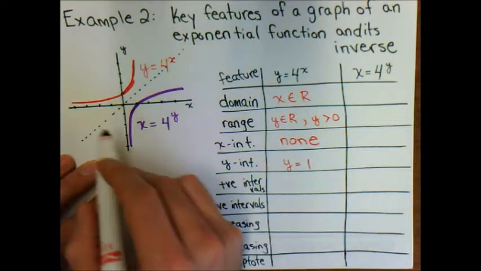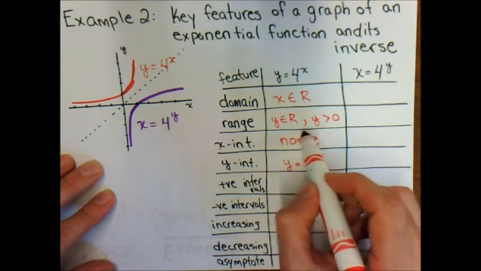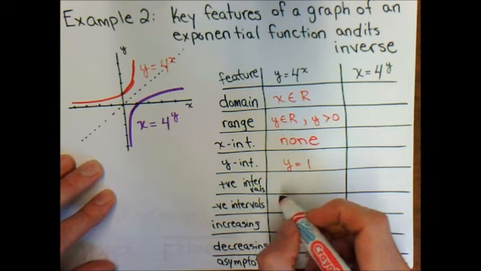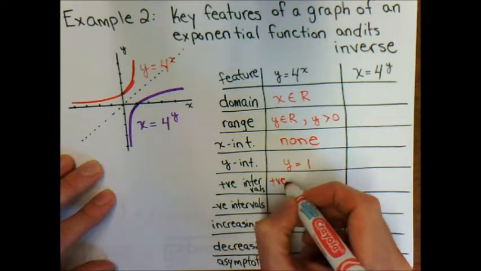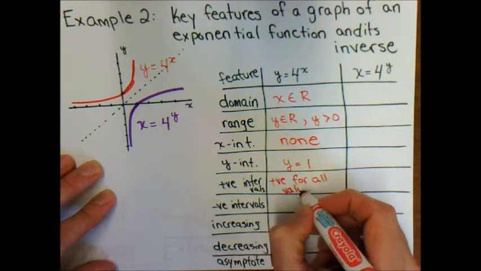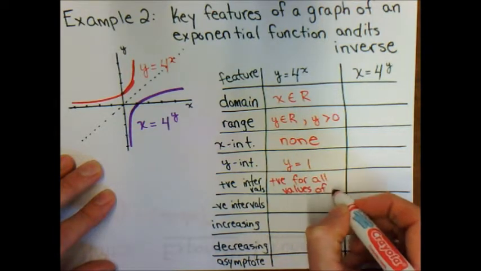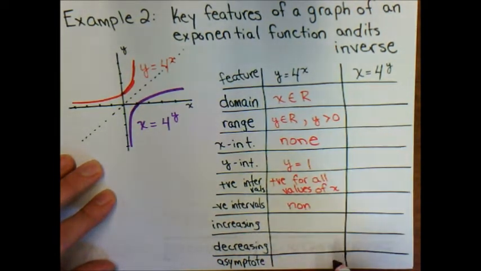Positive intervals, well, we just said that y is always greater than 0, so the whole thing is positive. It's positive for all values of x. Negative intervals, none.